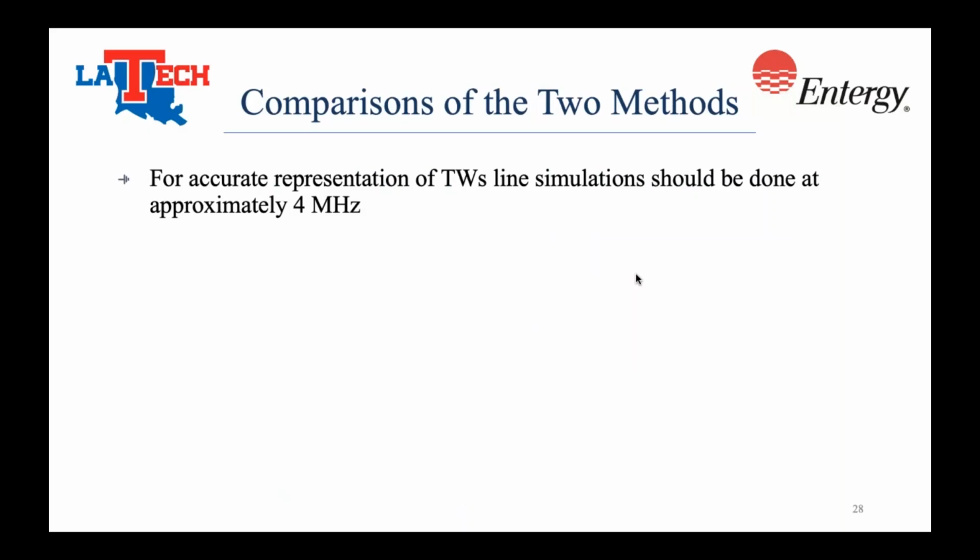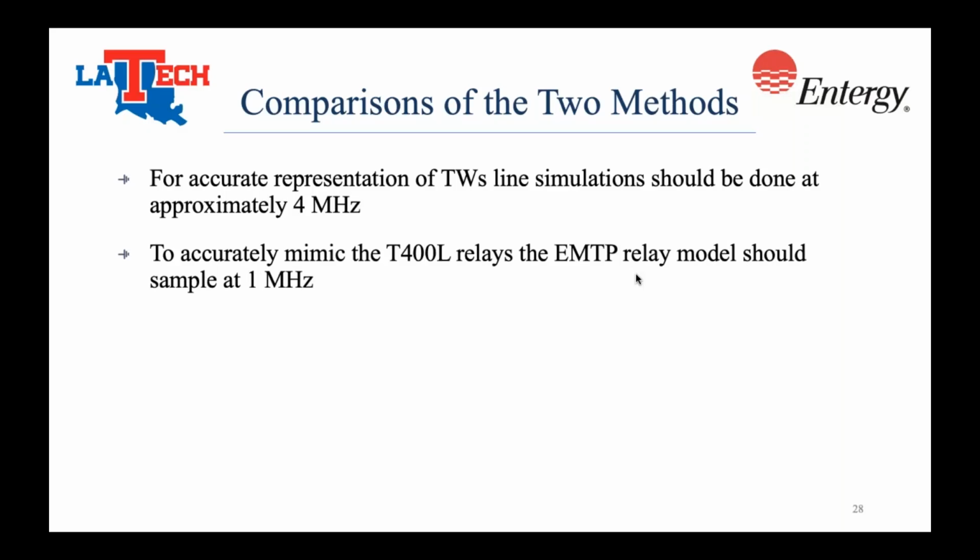As I discussed earlier, the beta add-on Comtrade recorder and replay meters can be a useful tool for downsampling. To accurately capture the high-frequency data, EMTP line models should be simulated at approximately 4 megahertz. Also, to accurately mimic the SEL-T400L, the signal processing of a computer relay model must be performed at a 1 megahertz sampling rate.